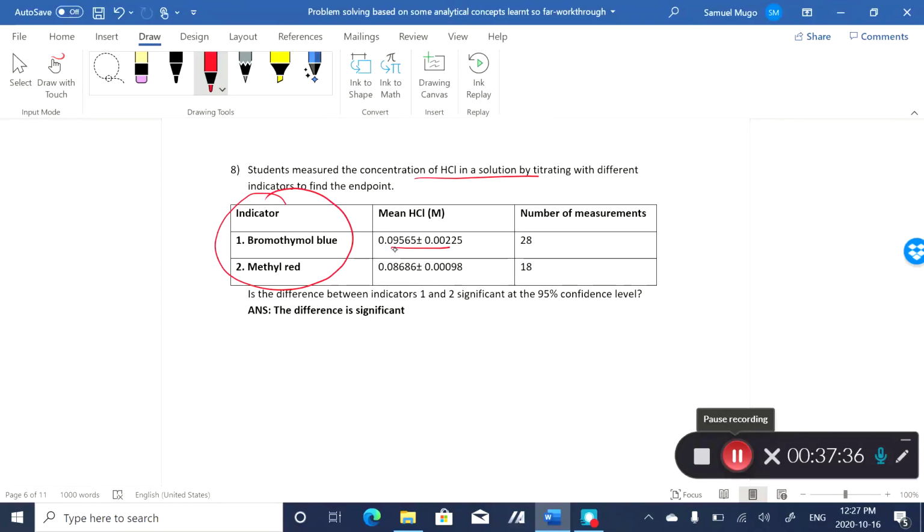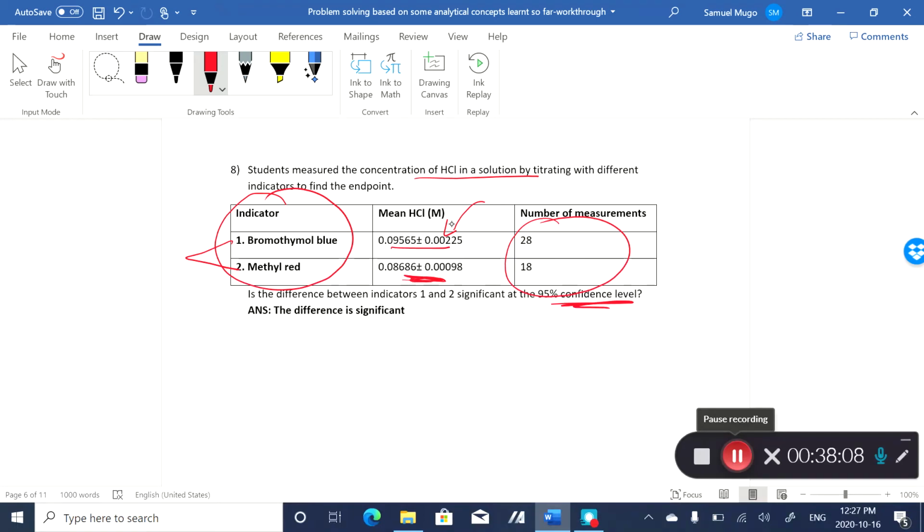The mean when they used bromothymol blue is written there, and for the thymol red, they got those results. And they did a lot of repeats to try and get those standard deviations. So the question is, are these two methods statistically different? Is the difference between indicator 1 and 2 significant at the 95% confidence level?